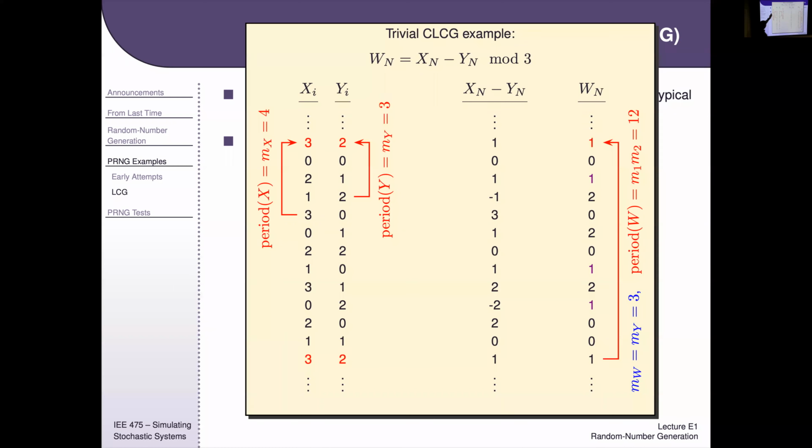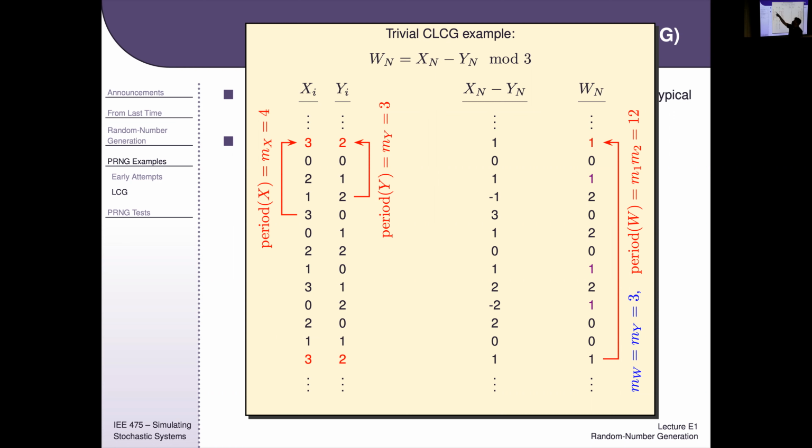And so if I were to take a simplification of that example, here's an LCG I built that has a period of 4, another LCG I built that has a period of 3. When you take the subtraction of those two, mod 3, even though the output numbers are only 0, 1, and 2, the combined generator has a period of 12, which kind of makes sense.